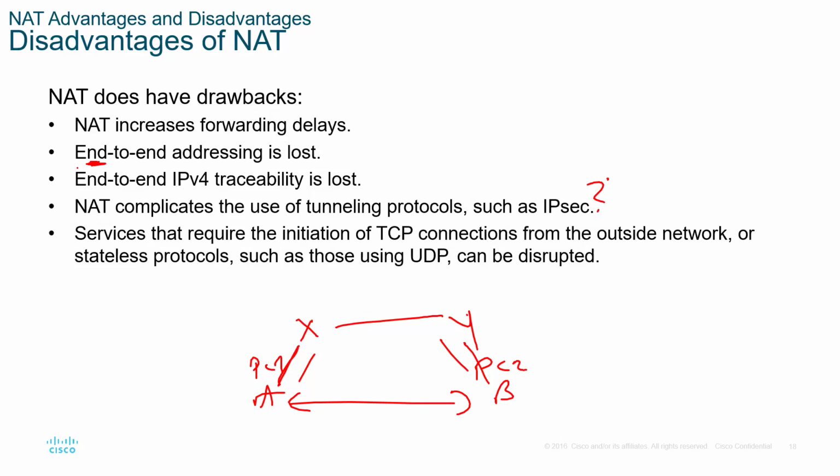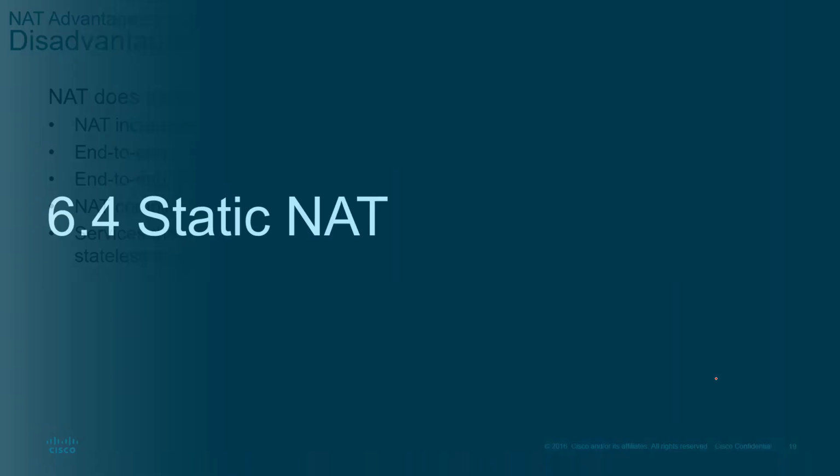You initiate a session thinking you are connecting to device A, however, you'll be connecting to device B. That's why we have disruption with respect to inbound connections, connections from outside the network. That's a drawback.